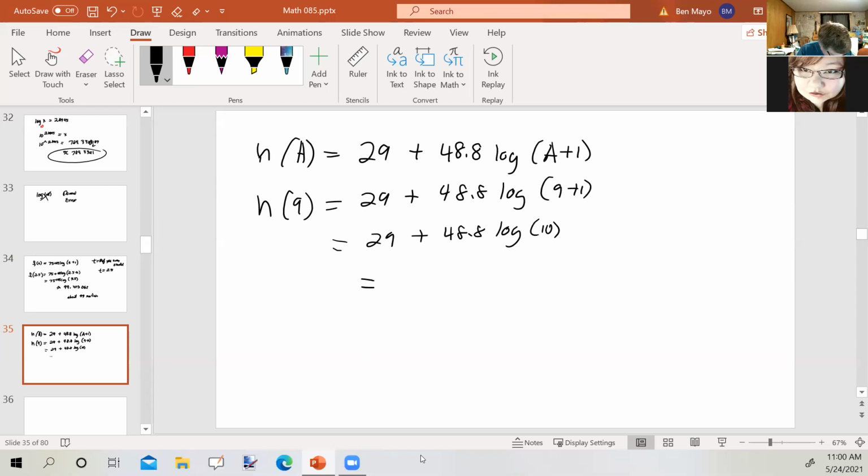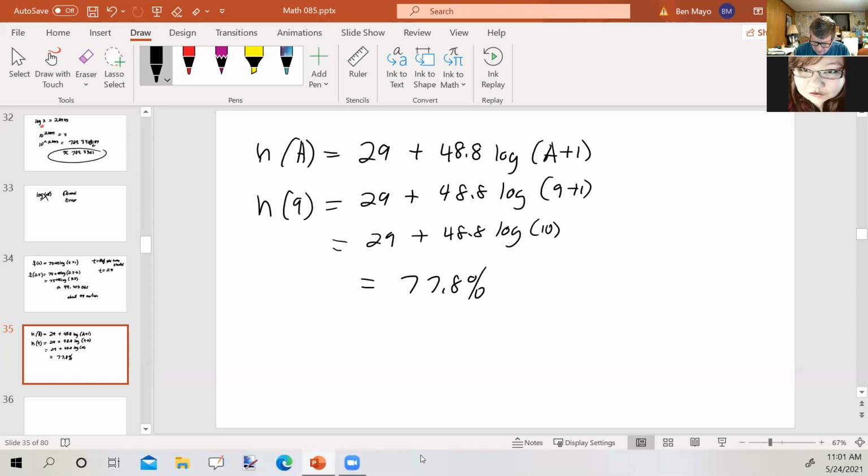And we're getting 77.8, and that would be percent. So according to this, a male child who is 9 years old has already reached 77.8% of his adult height. Now, that doesn't mean that that's going to happen to every single male child. That's an average. Okay. All righty.